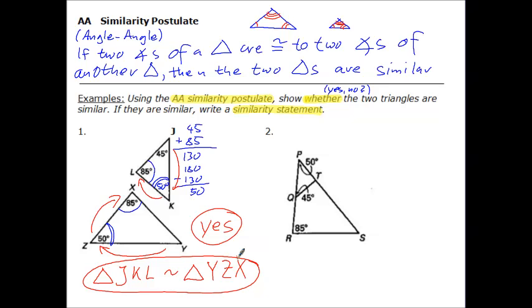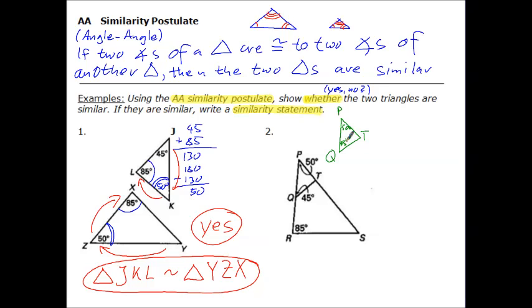Okay, on to our next example. Here we have two triangles, but they are overlapping each other. So the first thing we should do is draw these two triangles again separately. Then things are going to become much clearer. Got our first triangle here, and that has angles with 50 degrees and 45 degrees.